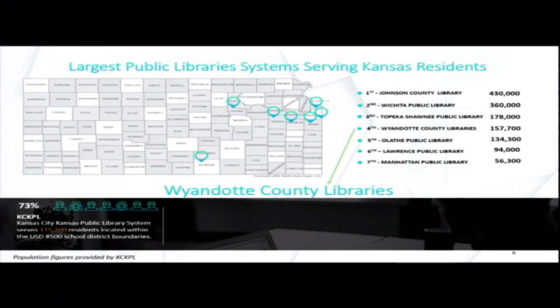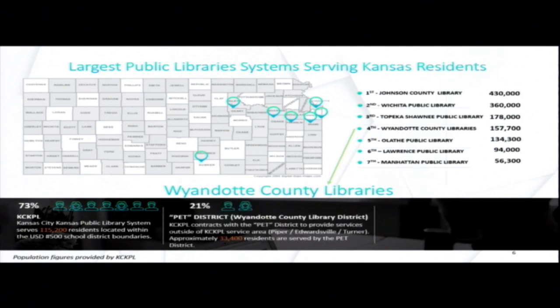So as I mentioned, there's kind of 3 components to the library systems that work collaboratively together in Wyandotte County. The first one is the Kansas City, Kansas Public Library System. They serve 115,200 residents located within the USD 500 borders. Then there's the Pet District, which is that Piper, Edwardsville, Turner area that is governed by the County Library Board.